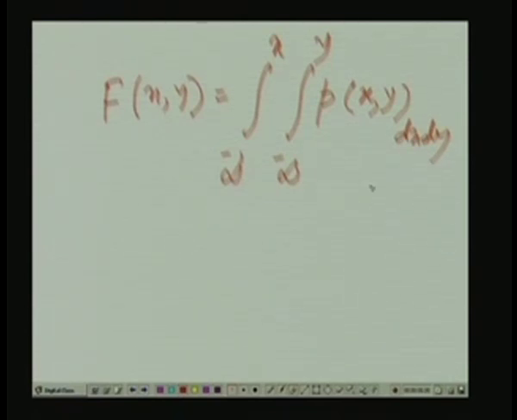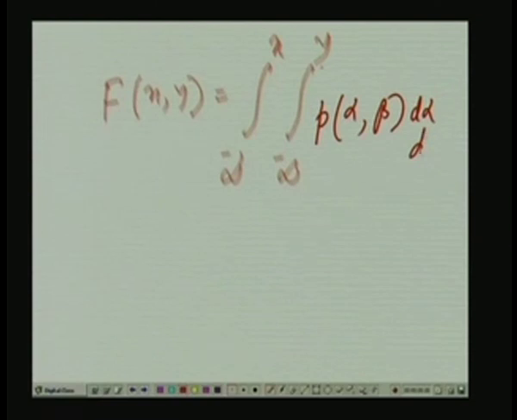Actually, to be very correct mathematically, I should not use the same symbol x y here, because they are coming in the limits. So, let me put alpha beta. Okay, that way it is better.